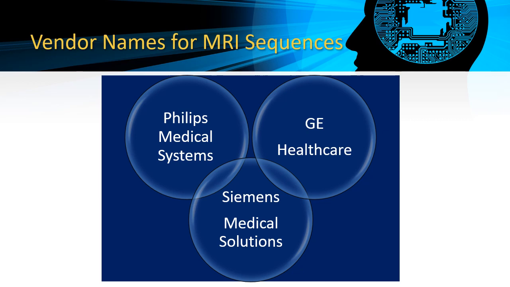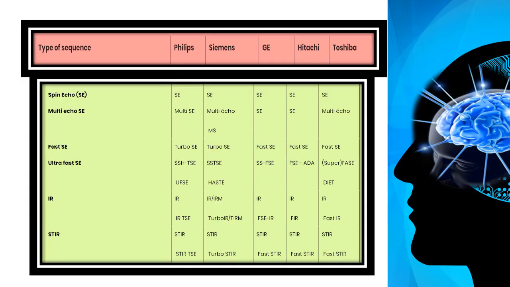Finally, I'd like to give you a hint about the different names of the pulse sequences provided by the major vendor companies like GE, Philips, and Siemens. You will find that all these pulse sequences can have different names according to the machine and the company that produced it.